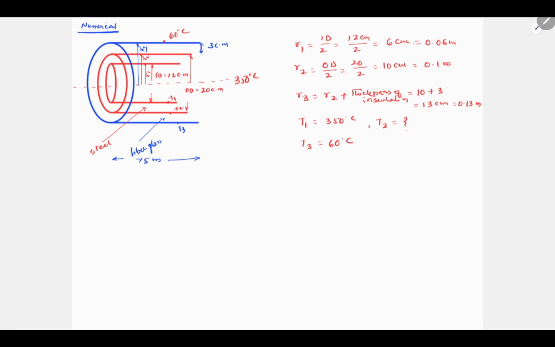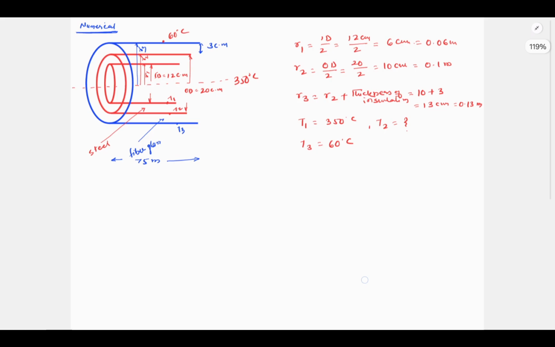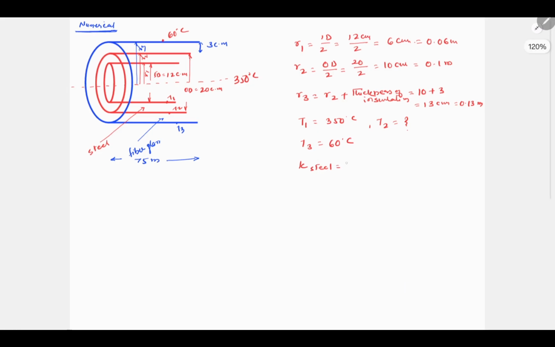And the thermal conductivity K of steel is equal to 48 watt per meter per Kelvin, and K of fiberglass is equal to 0.032 watt per meter per Kelvin.